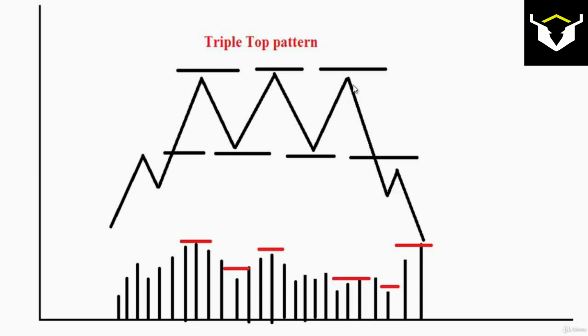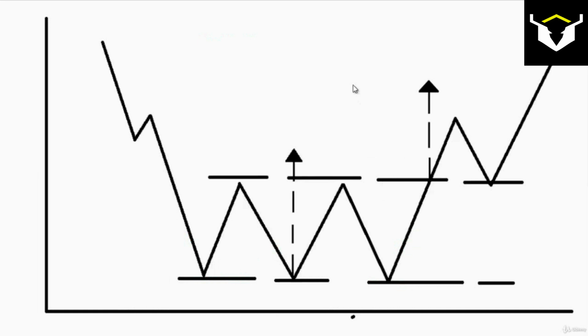Now that we have seen the triple top pattern, next we'll see triple bottoms. Triple bottom shares much more common features with the inverse head and shoulder pattern. Even in bottom patterns, volume interpretation holds true, as volume interpretation was important for head and shoulder and inverse head and shoulder patterns.